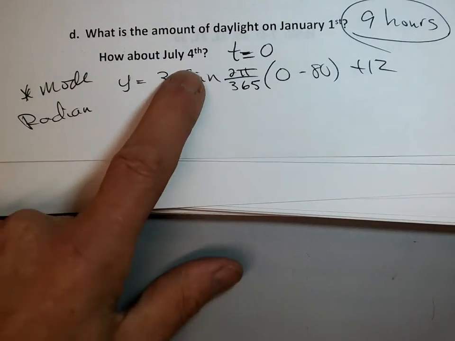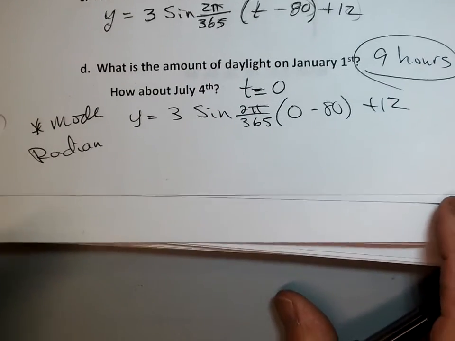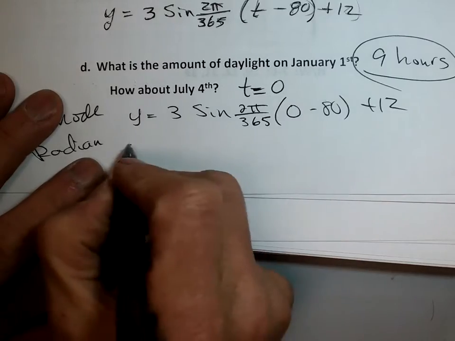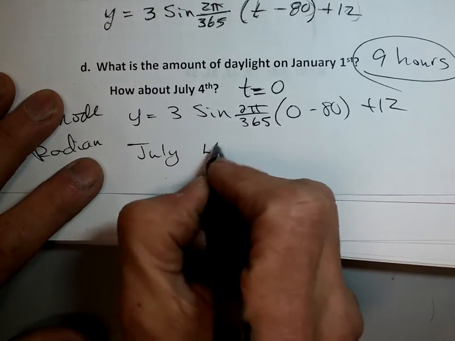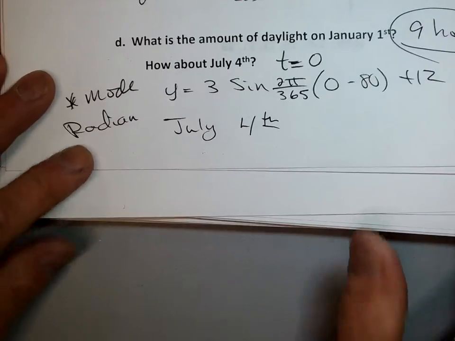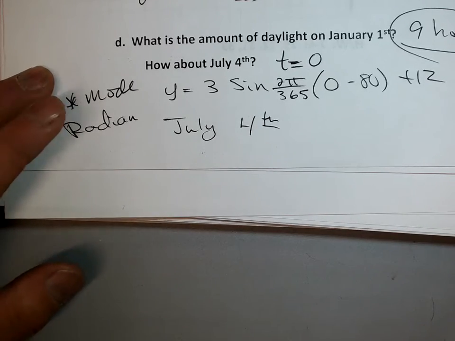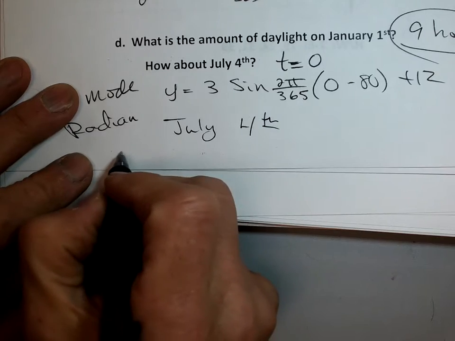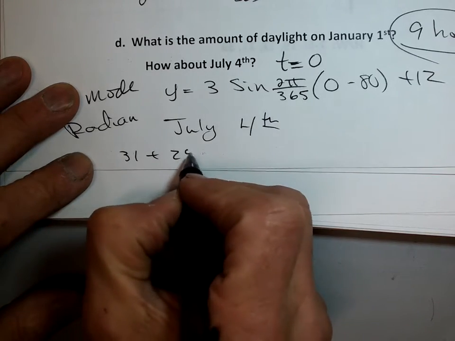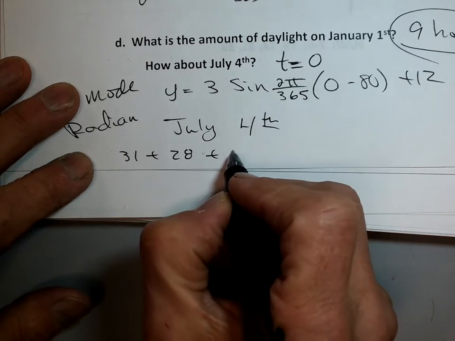Okay, so Denver, Colorado is going to get about 9 hours of sunlight January 1st. Now, how about July 4th? What am I going to find for July 4th? Let's figure it out. How many days? 185.